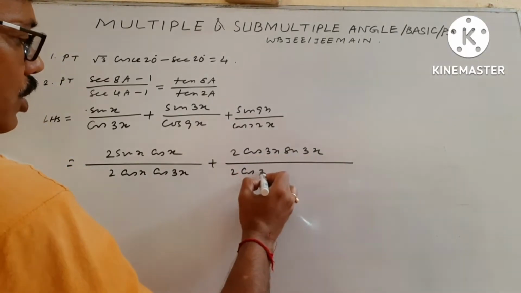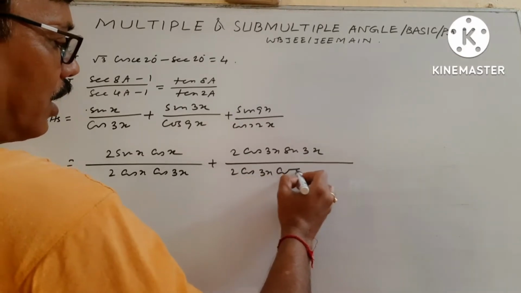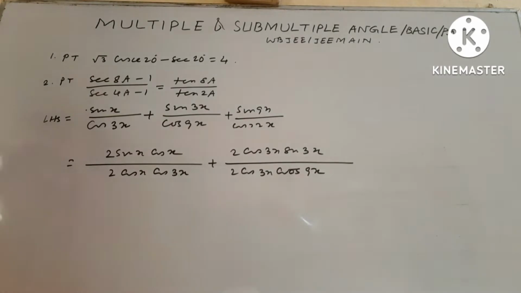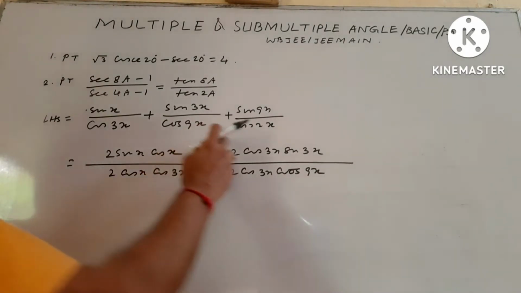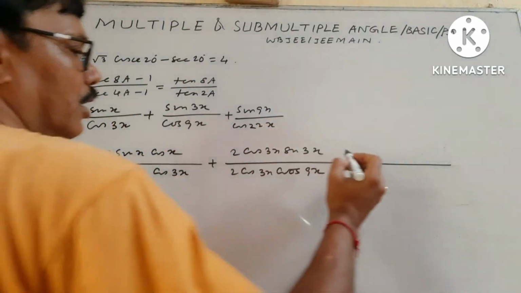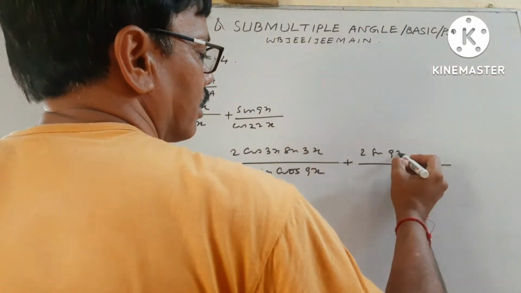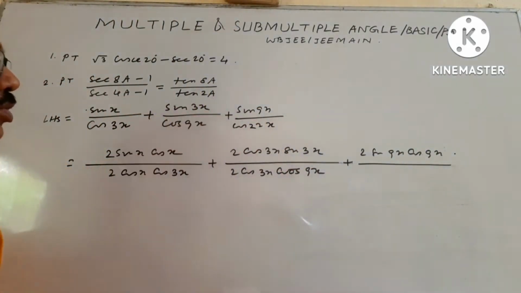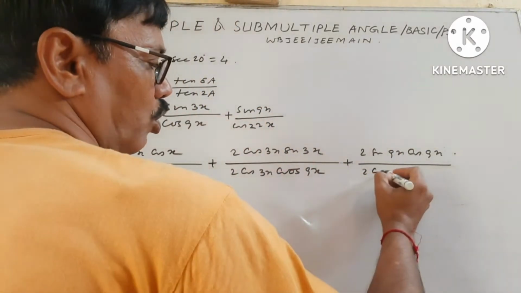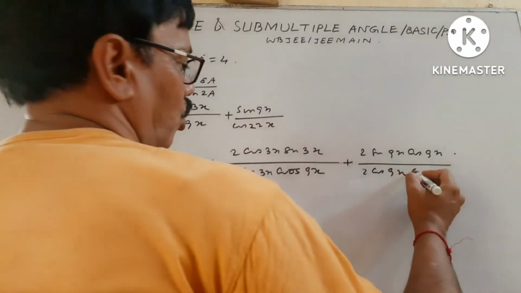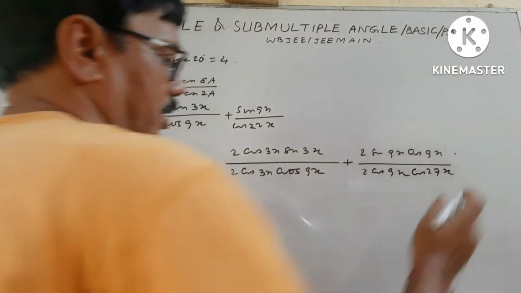So 2 cos 3x cos 9x. Similarly, this one is multiplied by 2 sin 9x cos 9x, and we are multiplying forward by 2 cos 9x, so 2 cos 9x and cos 27x.